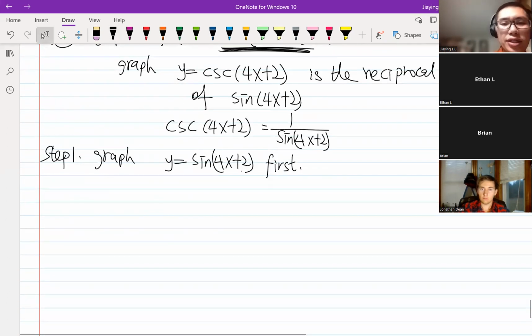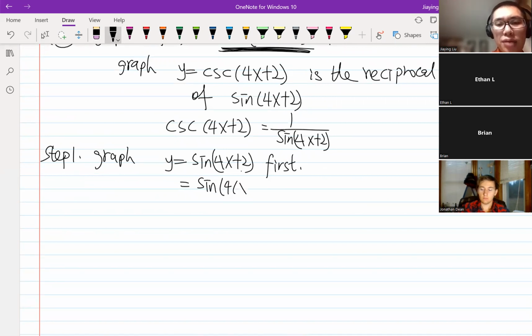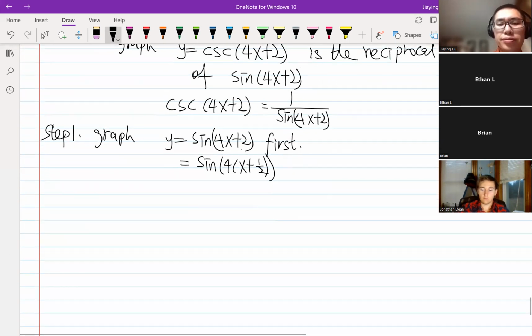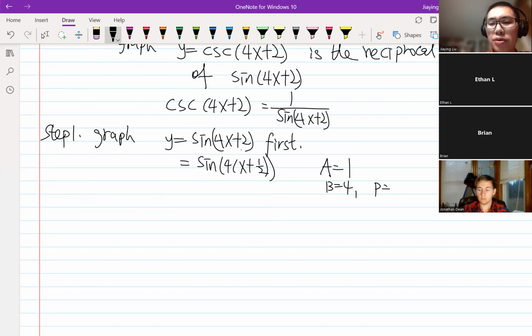So let's graph that. So that's going to be sine 4 times x plus 1/2. So this function is going to have amplitude, that's a 1. B is 4. So period is equal to 2 pi divided by 4.